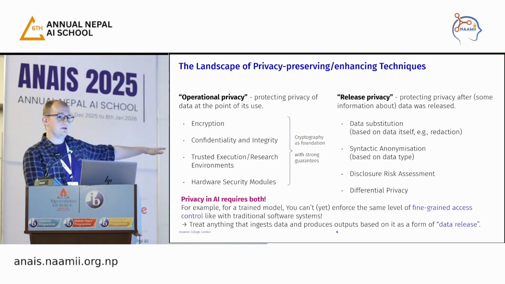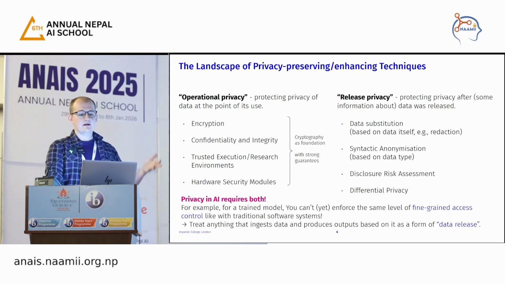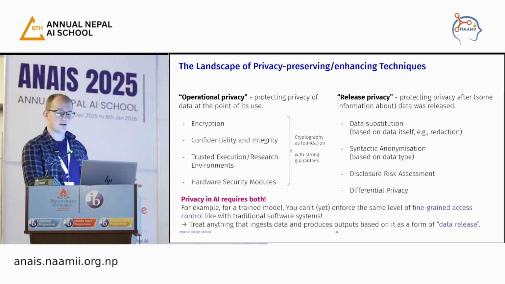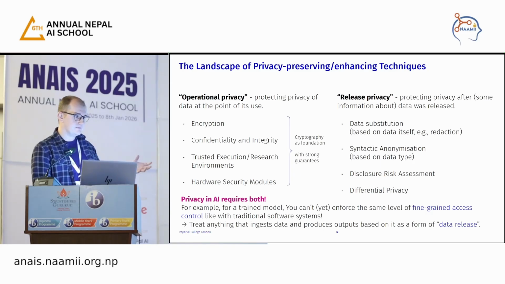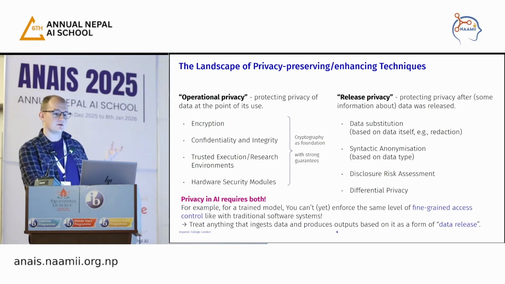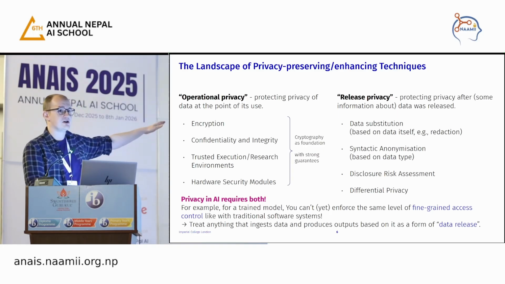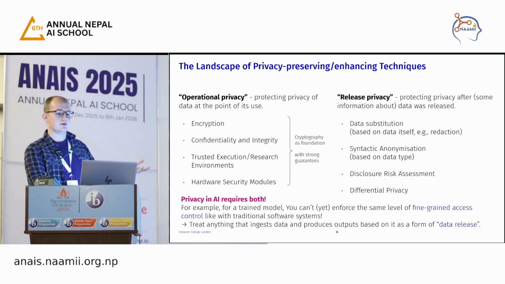There are also hardware modules that give these guarantees at the hardware level. There are trusted execution environments to make sure that whatever code you run is not being tampered with. And all this is essentially a bunch of applications that are built on cryptography as a foundation. So encryption, confidentiality, authentication, trusted execution environments, hardware security, these are all built on cryptography.